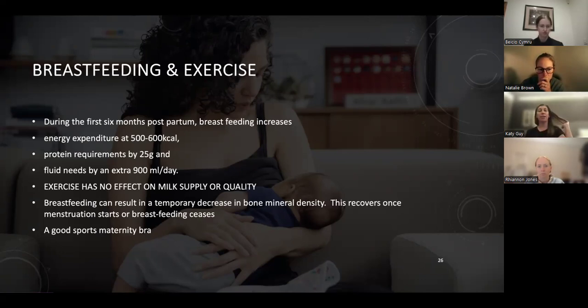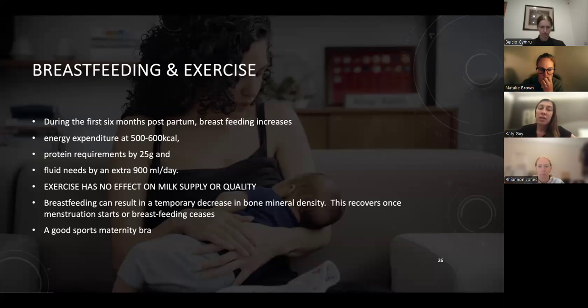So if you're breastfeeding, you really need to look at your nutrition, that you're taking in enough energy if you want to train as well. You need increased protein requirements by 25 grams a day, and you need to hydrate, an extra 900 mils a day. Again, this is not with exercise, this is just breastfeeding. It takes an awful lot of energy.